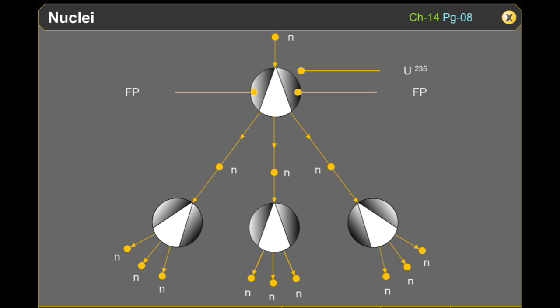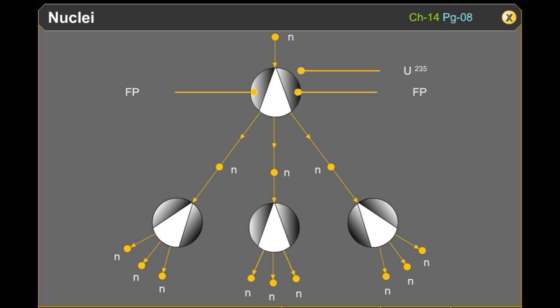Then these 3 secondary neutrons again collide with 3 other uranium-235 nuclei and produce 9 neutrons, which in turn can bring about the fission of 9 uranium-235 nuclei, and so on.